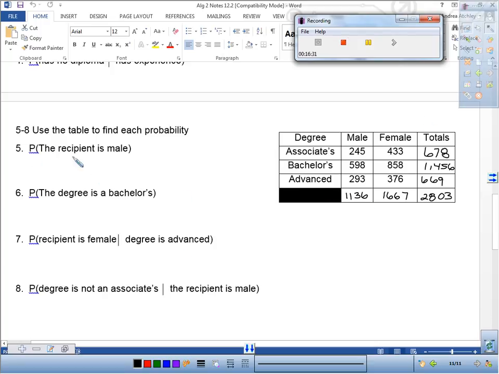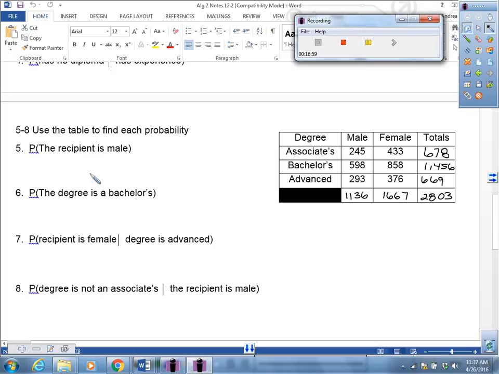Okay, so now you guys do these on your own. Remember, these first two don't have any limits, so you're going to use all of the data. Now these are going to have the restrictions. Okay, let's start with the recipient is male.